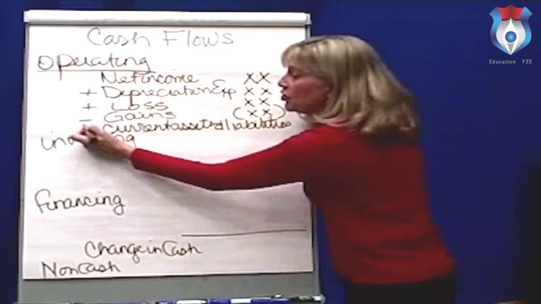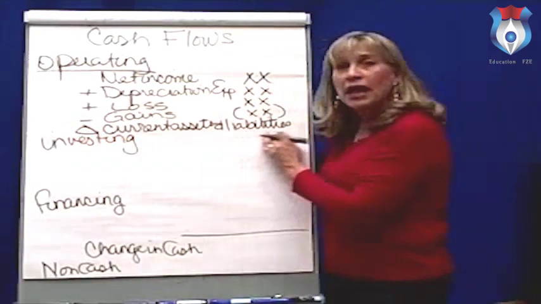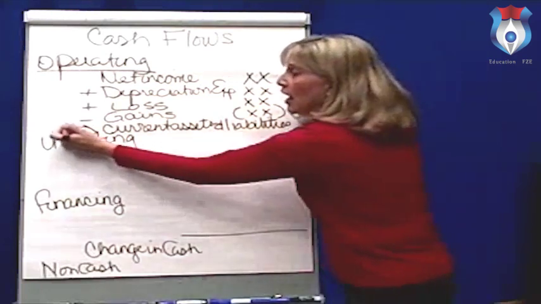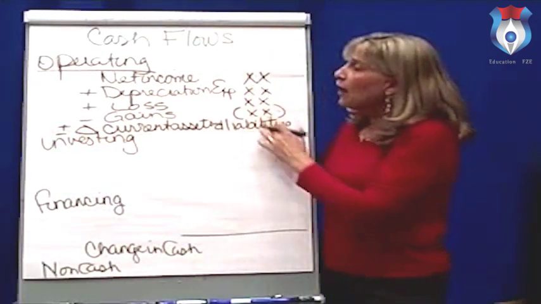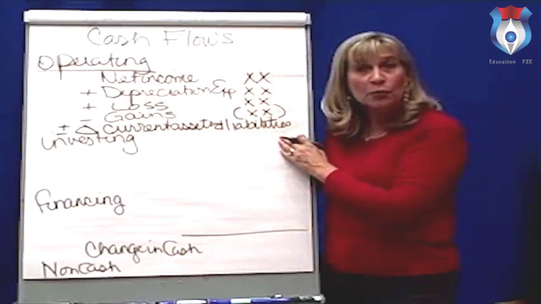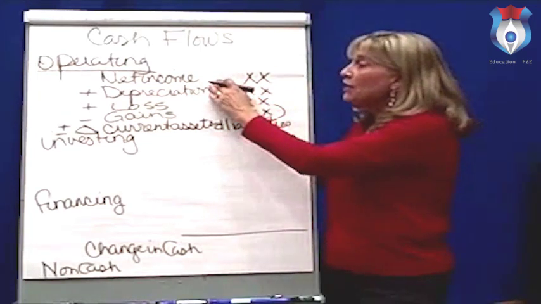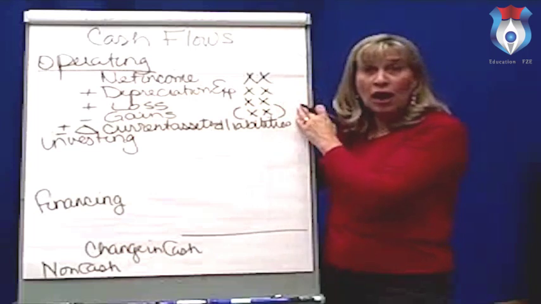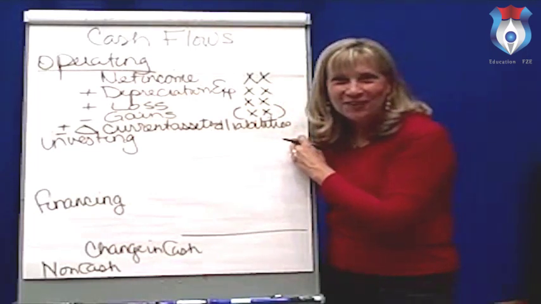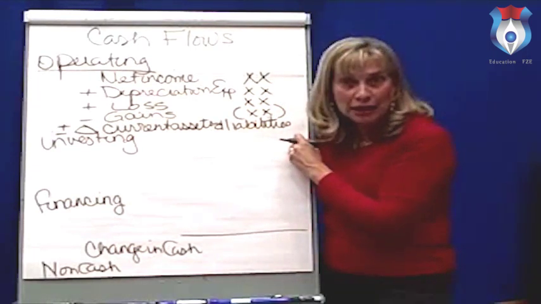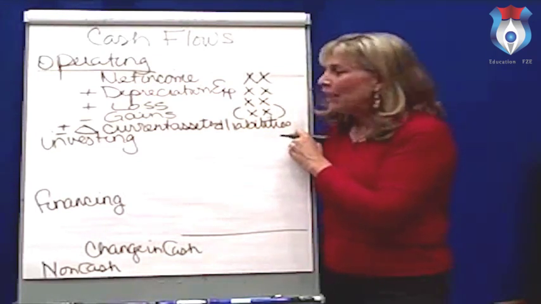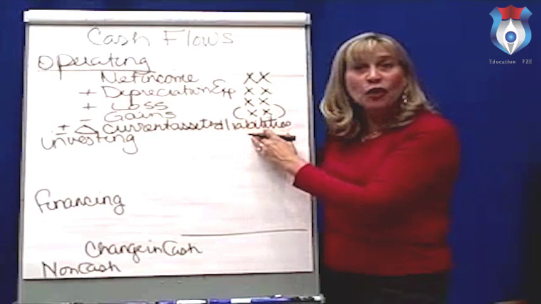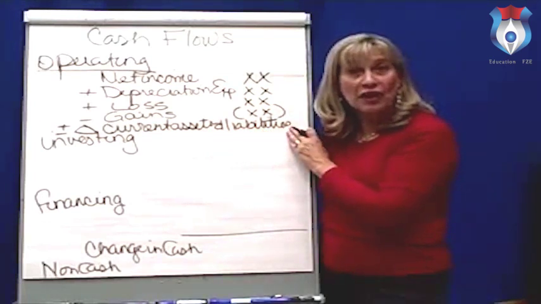So looking at the changes here in current assets and current liabilities and adding or subtracting them accordingly will give us the cash from operations. So we may have a net income on the income statement, but the real question is how much money did your business generate? That's what cash flows from operations will tell you.